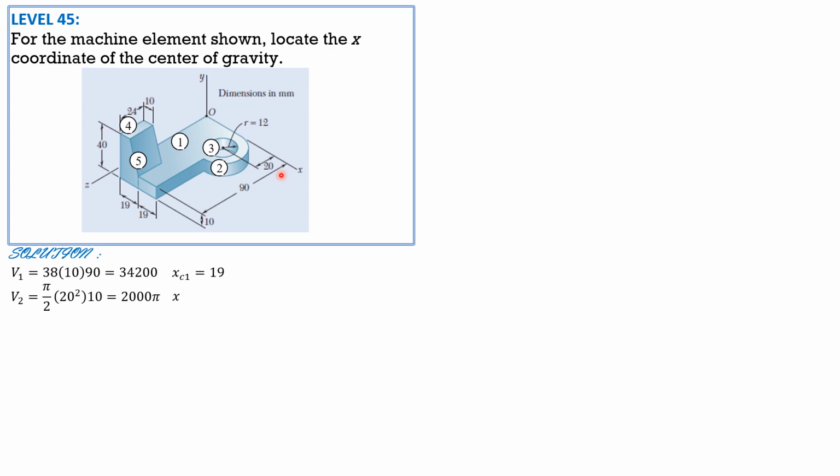So XC2 is 38 plus 4 times 20 over 3π, and that is 46.488 mm. Volume 3 is to be removed, so negative π times 12² times height 10, that's negative 1440π, and the distance of the centroid is simply 38. XC3 is 38 mm.